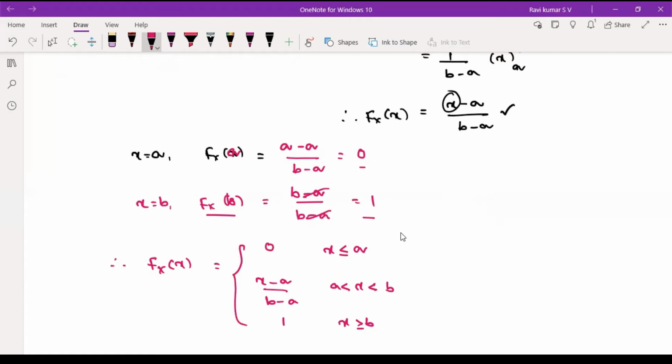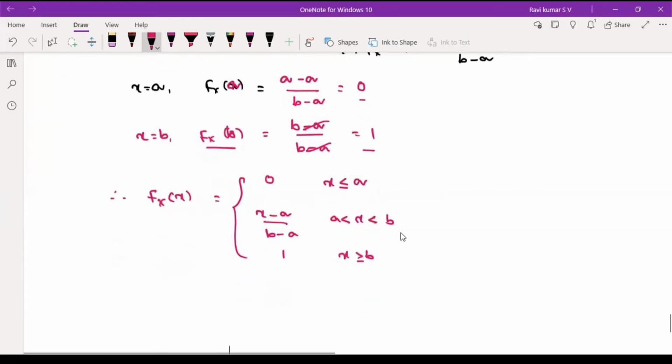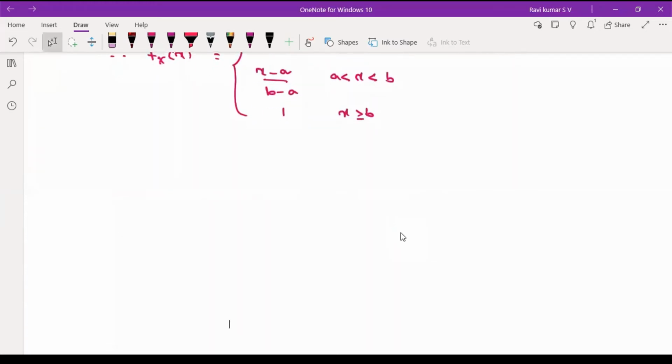Based on this, I can draw the graphical representation. Now I am taking the density function. What is the density function? It is 1 by b minus a in between a and b.